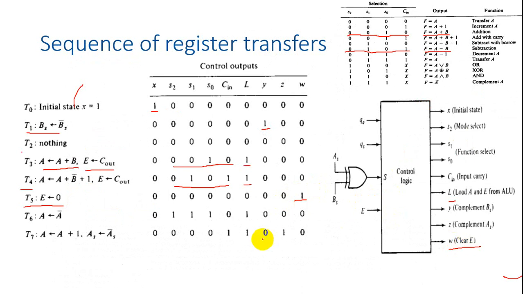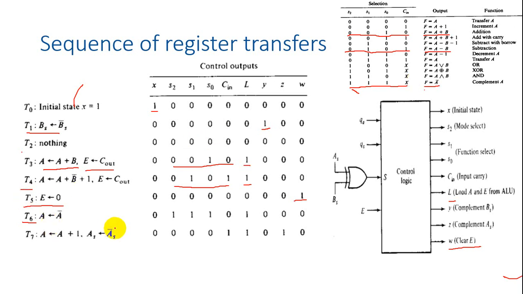Okay, at T6, what do you do? You invert A. That means not operation. This is the not operation. Inverted. 1, 1, 1, 0. That means carry equal to 0 for logical operation. So triple 1, 0.